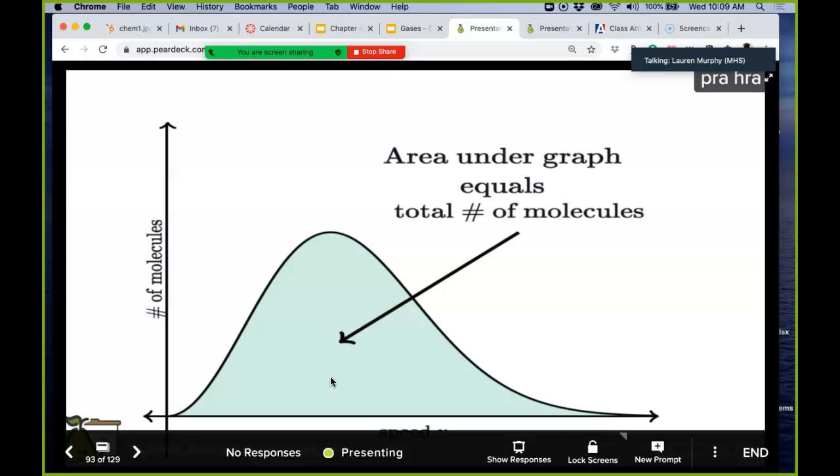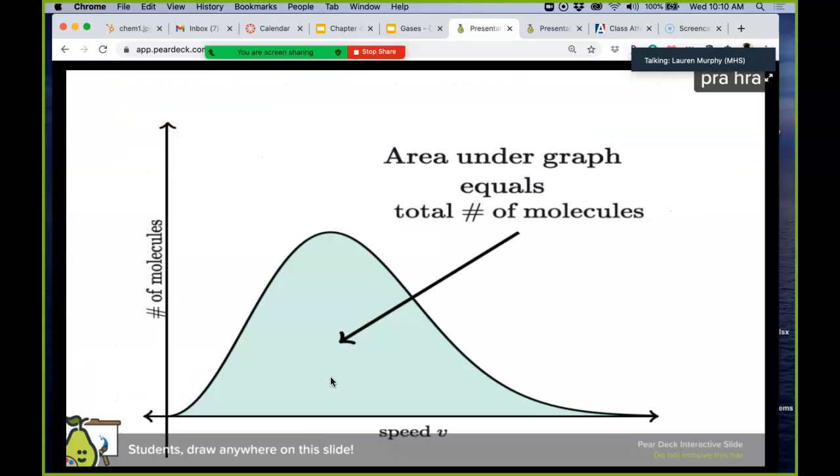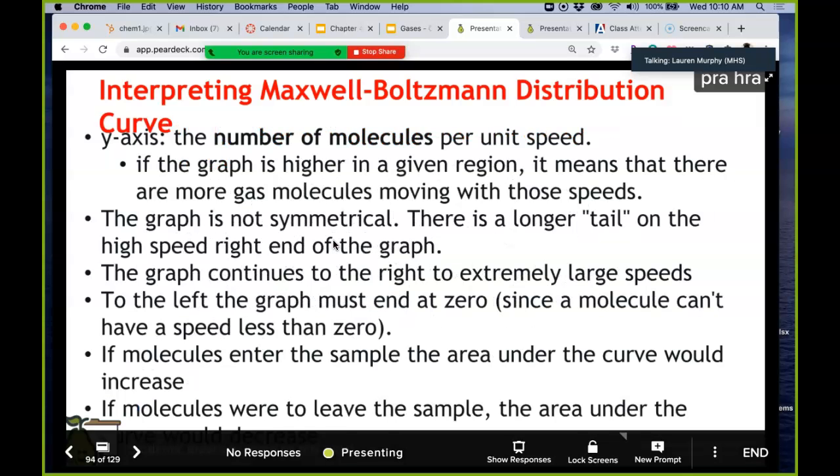But they're not all exactly the same, even if they're at the same temperature. So notice that the graph is not perfectly symmetrical. So like this is a curve, right? And it has a tail at this end. So it's not a perfectly symmetrical curve. And then again, this area under the curve represents all of the particles being inspected or discussed, okay?